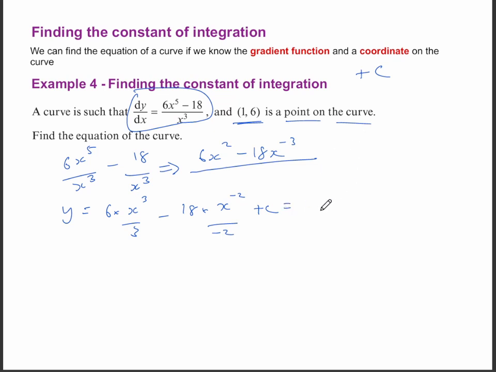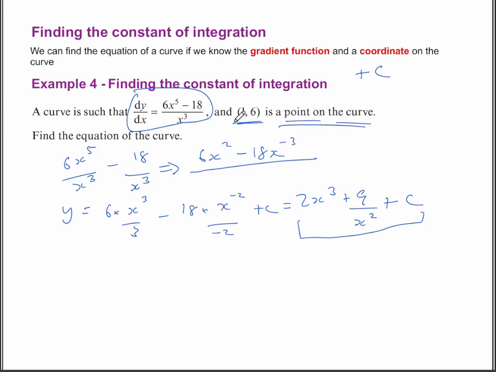This simplified will be 2x cubed plus 9 over x squared. Then we have plus c. This right here is the equation of the curve. But we know that this is a point on the curve. So when x is 1, y is equal to 6. So we can try to do that. y equals 2x cubed plus 9 over x squared plus c.